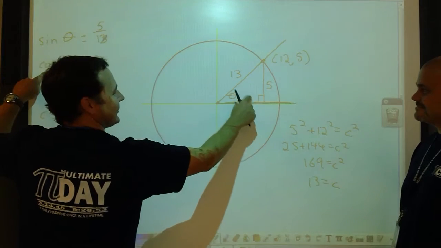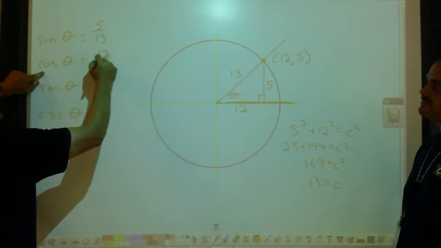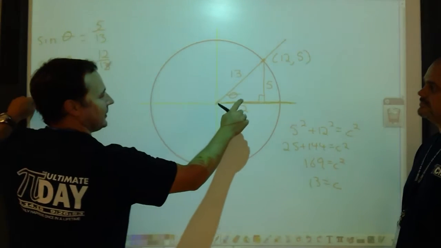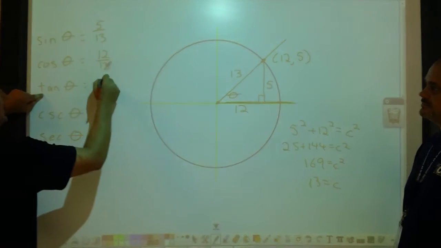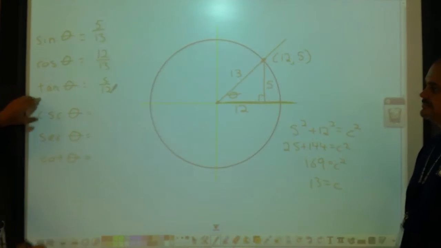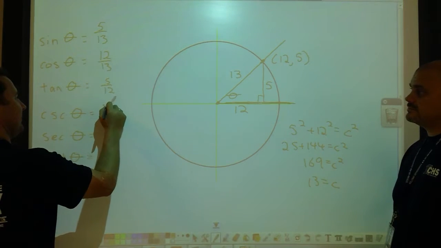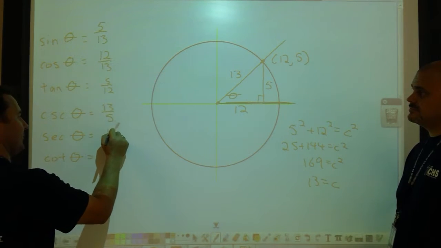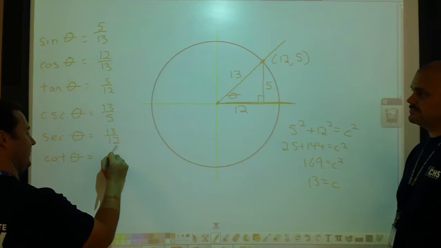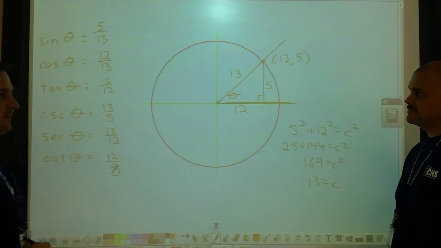Cosine is adjacent over hypotenuse: 12/13. Tangent is opposite over adjacent: 5/12. And their cousins are just the reciprocals: 13/5, 13/12, and 12/5. Okay. Very nice.